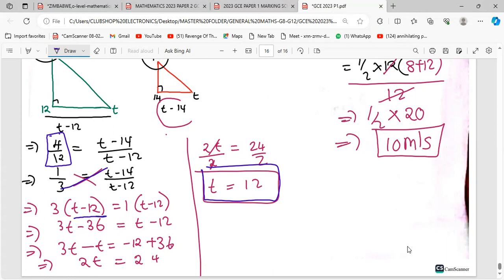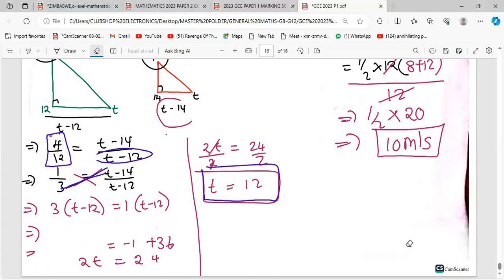See what has happened? We needed to multiply this. So for that, we need to correct this. Not 12, but 14. So sometimes you have to be a bit careful.